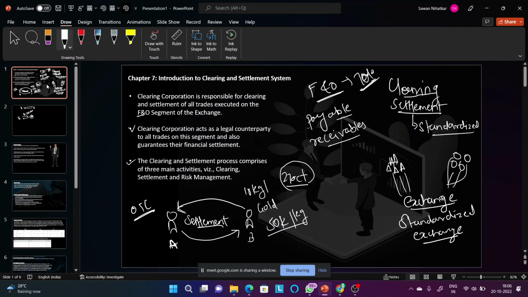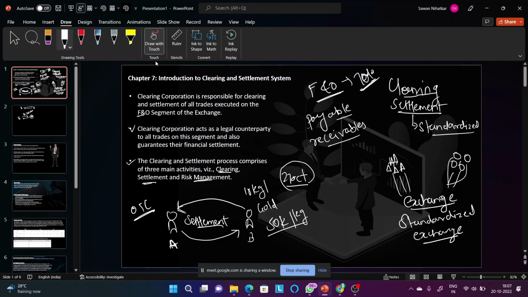So the clearing and settlement process comprises three main activities: clearing, settlement, and risk management. सो रिस्क मैनेजमेंट अगेन इज अ वेरी नीशे पार्ट, इतना ज्यादा आपके सिलेबस में इंक्लूडेड नहीं है. बट मोस्ट इंपॉर्टेंटली फर्स्ट प्रोसेस क्लियरिंग होती है, उसके बाद सेटलमेंट होता है. एंड रिस्क मैनेजमेंट मतलब जस्ट टू मेक श्योर कि यू डोंट जॉपर्डाइज योर सिचुएशन. आप अपनी फाइनेंशियल हेल्थ एज अ क्लियरिंग कॉर्पोरेशन जॉपर्डाइज नहीं करोगे. और जो भी मेंबर्स हैं हु हैव अ ट्रस्ट इन यू, उनको भी उनका पूरा सेटलमेंट टाइम पे मिलना चाहिए. एंड यू शुड ऑलवेज ट्राई टू मेंटेन देयर ट्रस्ट.